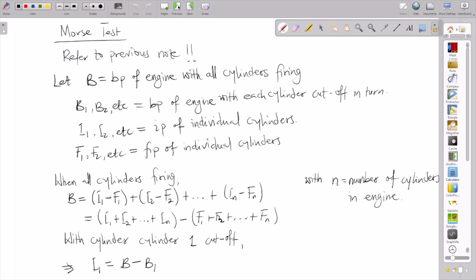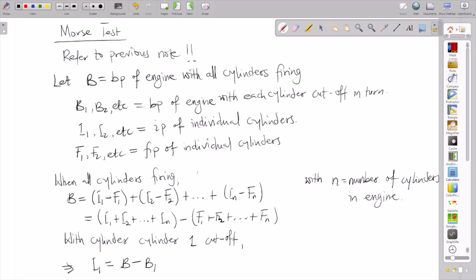So when we cut off cylinder number 1, we record the power at the output shaft after readjusting the speed to the level that it was when we started the test by recording the overall brake power.